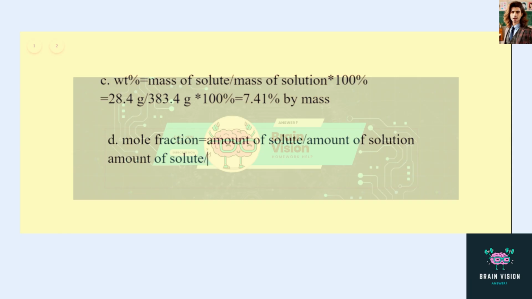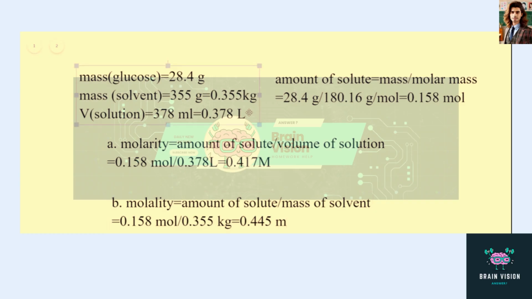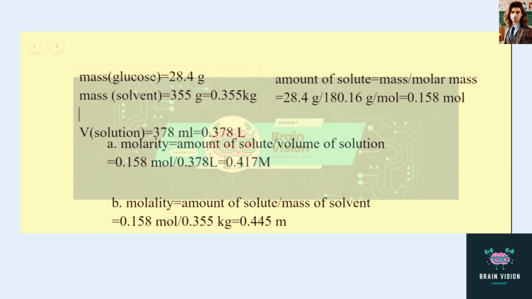So this equation can be rewritten as follows: amount of solvent plus solute. This means we need to calculate the amount of our solvent from the mass that we're given, which is easily done.